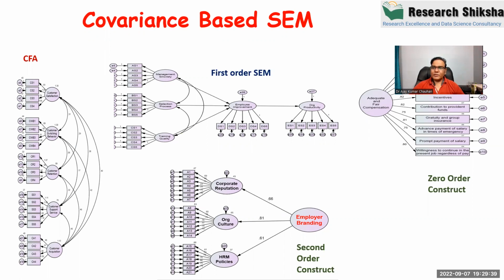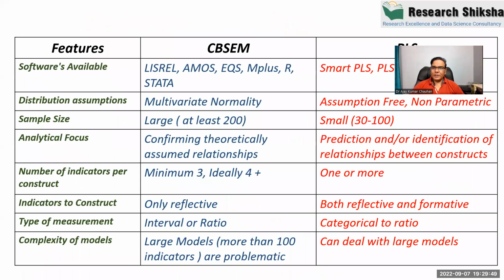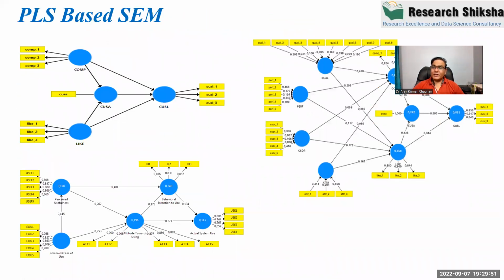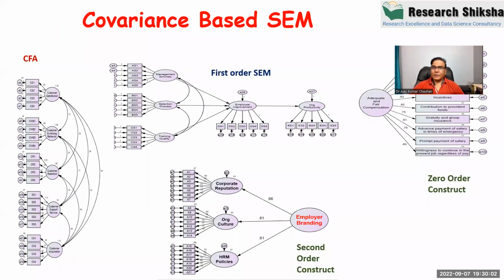So there are two types of structural equation modeling. There are two families of structural equation modeling. One is covariance based SEM, and the other is the partial least square based SEM. In simple language, the partial least square based SEM is the application of the regression model, and covariance based SEM is based entirely on matrix algebra.